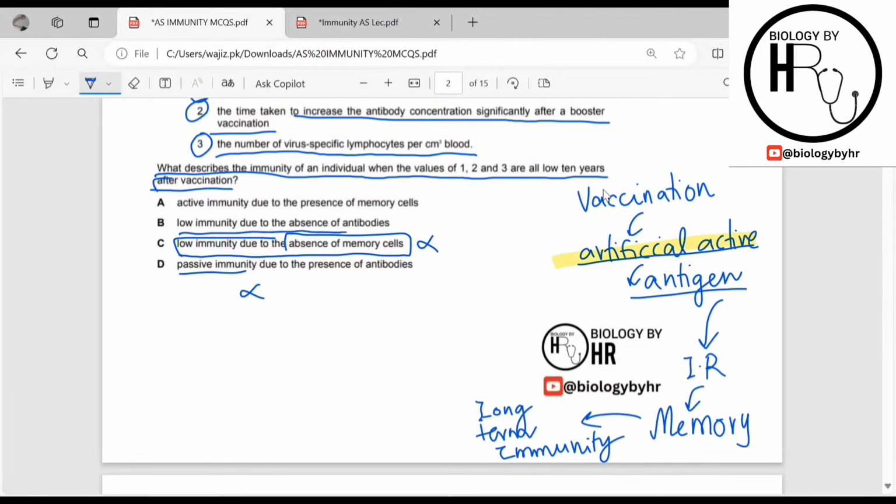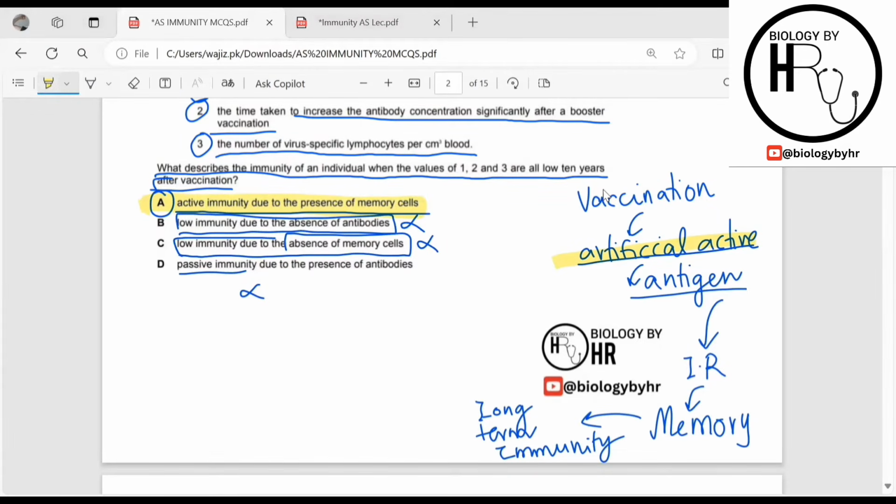Low immunity due to the absence of the antibodies. No, this is also an incorrect statement as it is not making any sense with the information we discussed above. Then option A is saying active immunity due to the presence of the memory cells. Yes, option A is our correct answer over here. The active immunity is being established due to the presence of the memory cells.